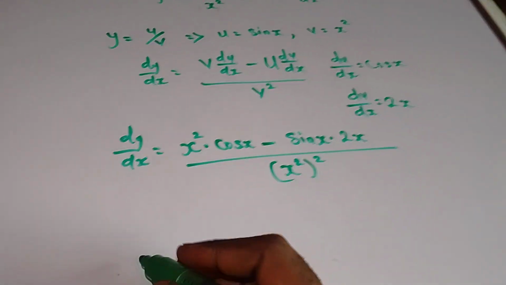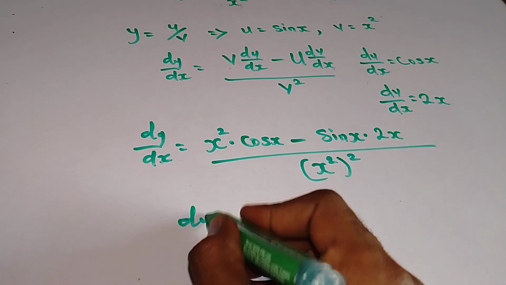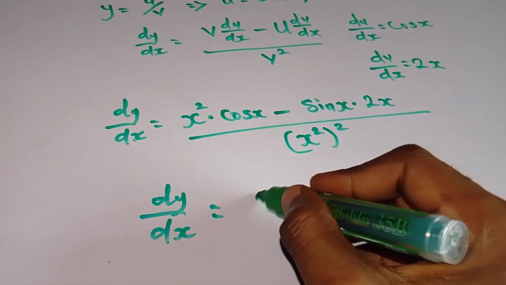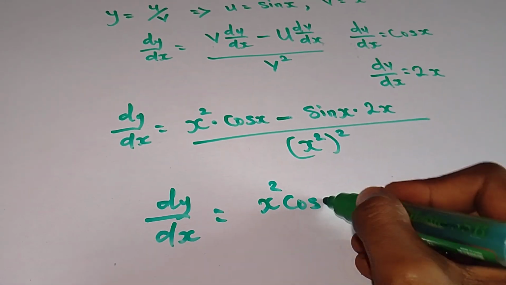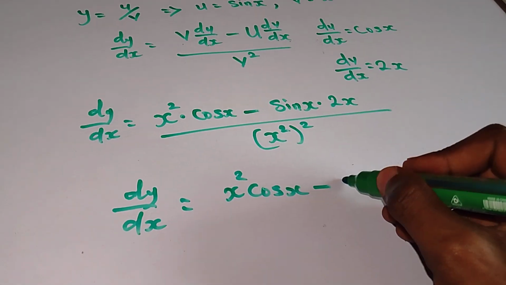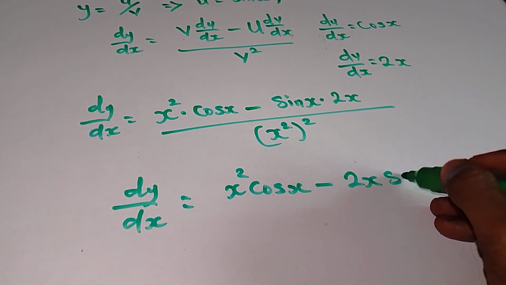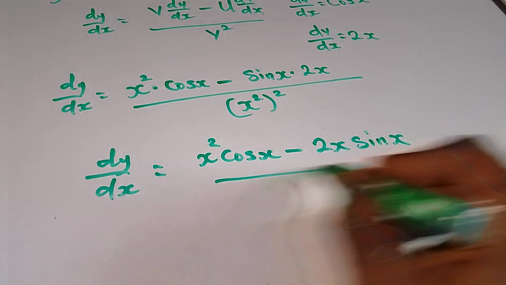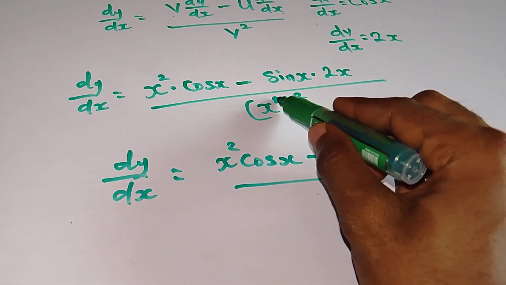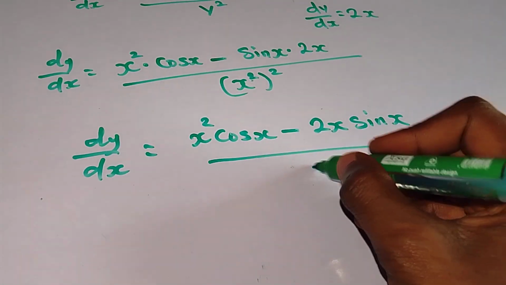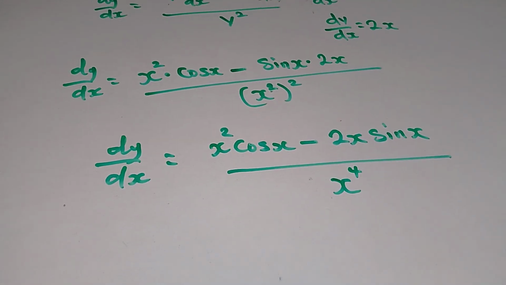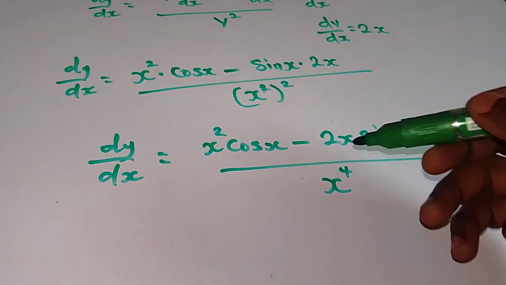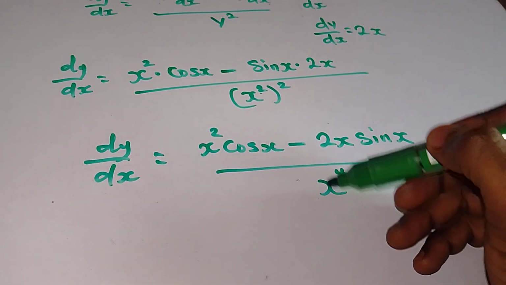Okay, so this will give us dy dx is equal to x squared cos x minus 2x sin x. So we just multiply that, then all over, now if we multiply this 2 times 2, that will give us x raised to the power of 4. So at this point, there is something common at the numerator and denominator, which is x. We have x here, x is here, x is here.